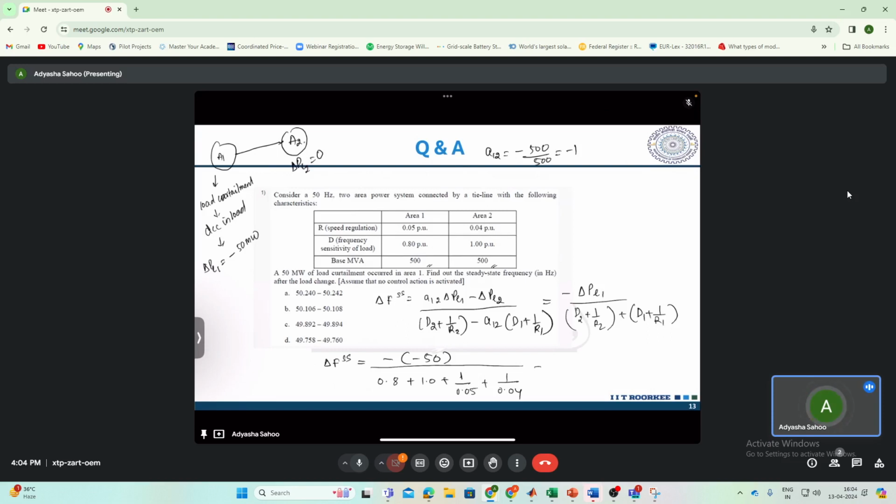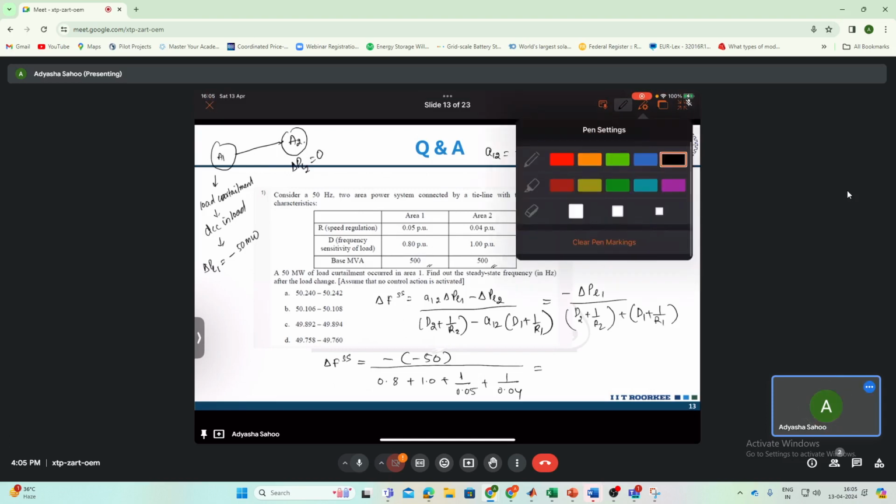So delta PL1 is minus 50 megawatt, or it will be minus 50 by 500 per unit. That will give me minus 0.1 per unit.